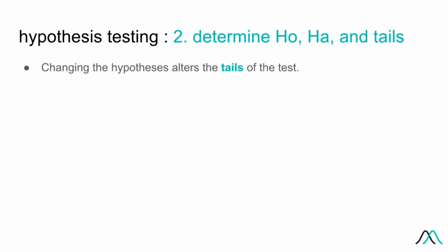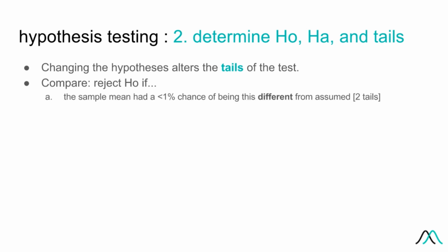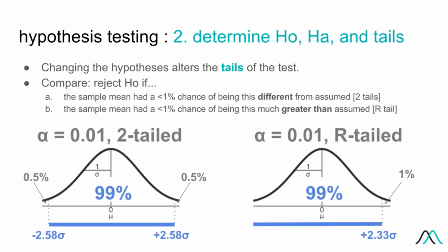Say our alpha is 0.01, and let's compare two cases. In the first, let's take a two-tailed test. Here, we'd reject the null hypothesis if a sample mean to either side of mu turns out to have had a less than 1% total chance of happening if the assumed population mean were true. In a second case, let's change this to a right-tailed test.